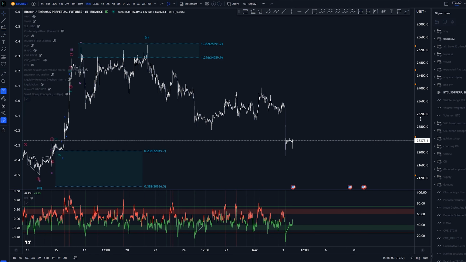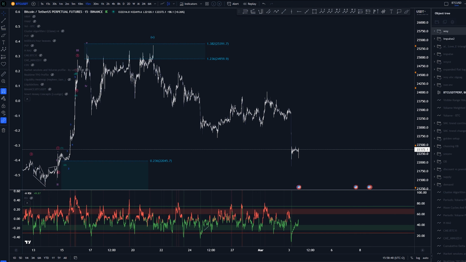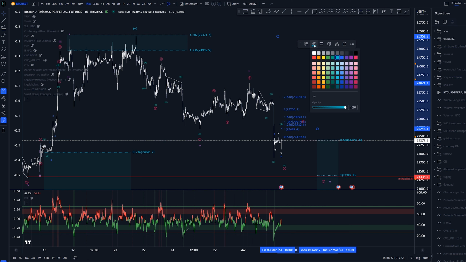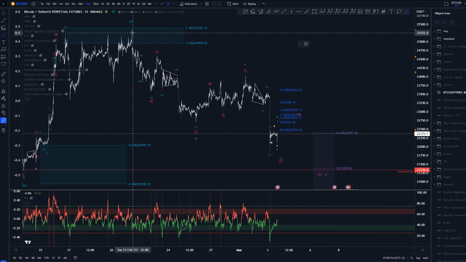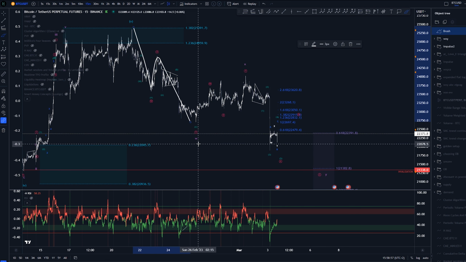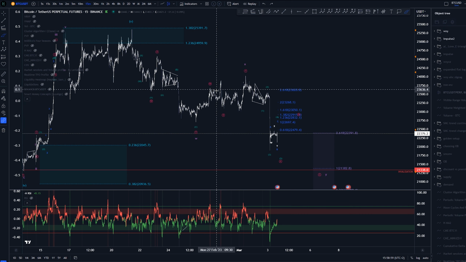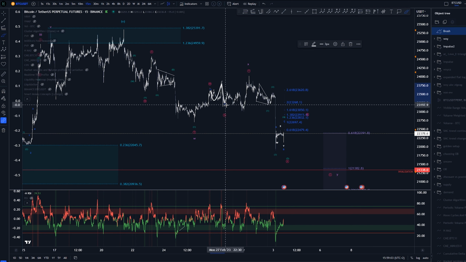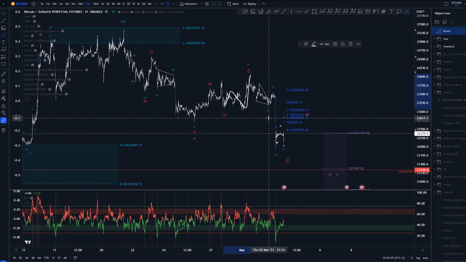Now, smaller time frames here, I have it like this. At the moment I've labeled this again as a WXY down into here, into the least lows. We talked on the previous video that we had this is a potential 3 wave, and a 3 wave here.